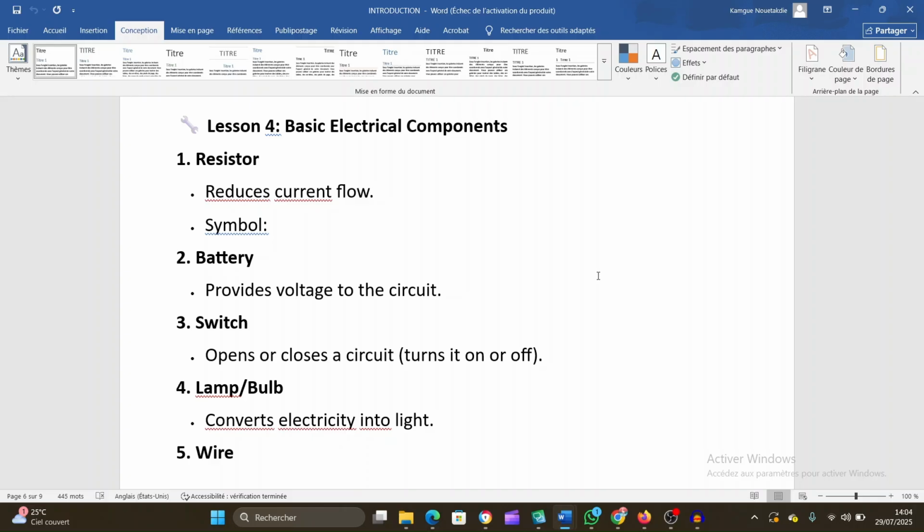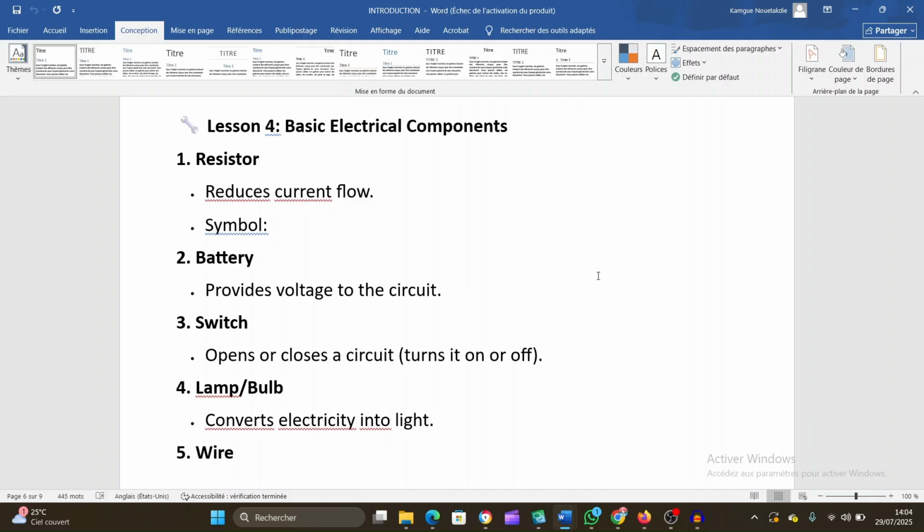Another electrical component that we always enjoy is a bulb. No matter the bulbs that you see, just know that a bulb converts electricity into light.